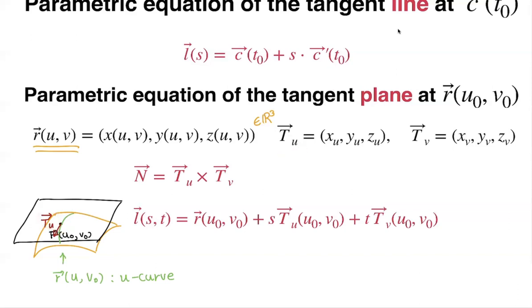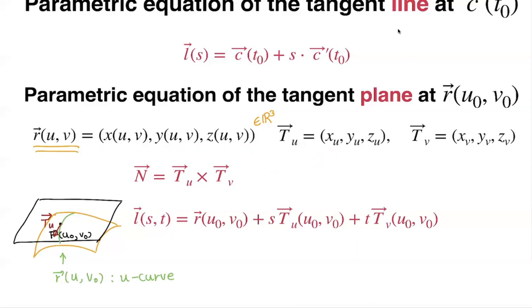So it is given by the partial derivative at each coordinate. If our parametric surface is given by r of u comma v, then we can find one tangent vector here by taking the partial derivative with respect to u.